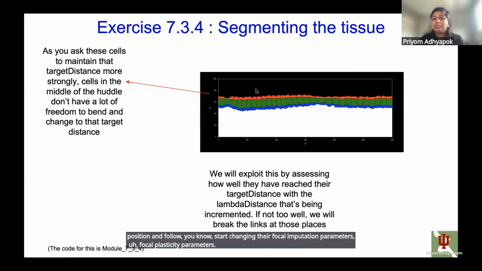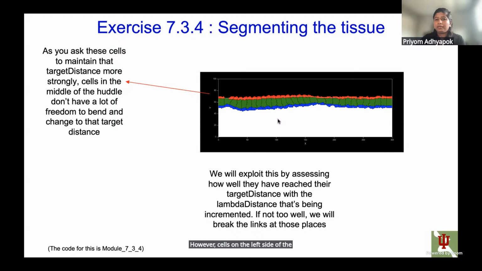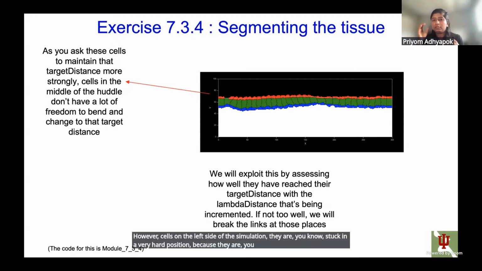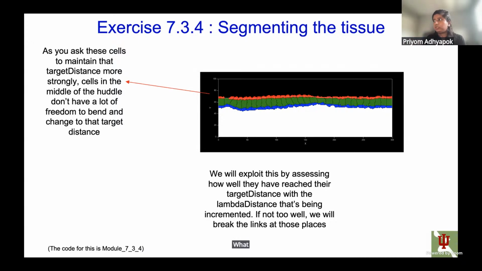Whereas cells on the left side of the simulation are stuck in a very hard position because the lambda distance for them has increased a lot to this point, but there are groups of cells on either side, so they're not able to achieve what their target parameters have been.